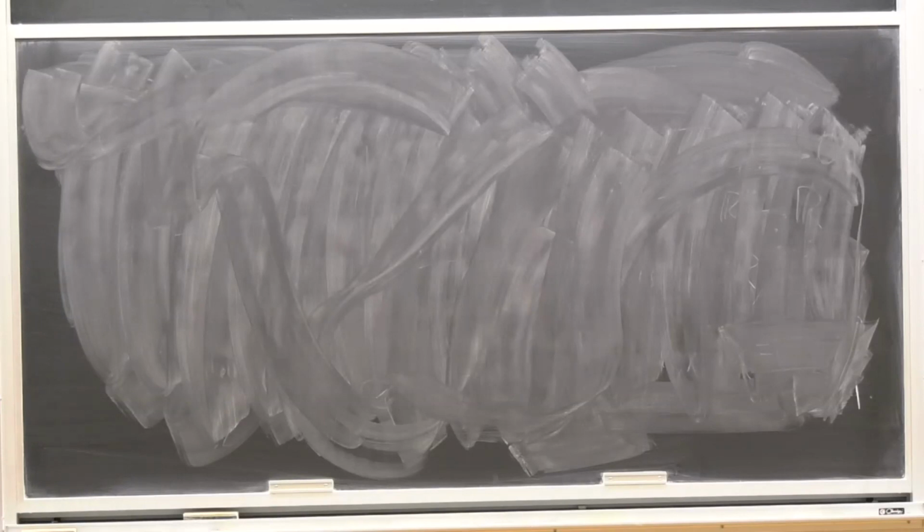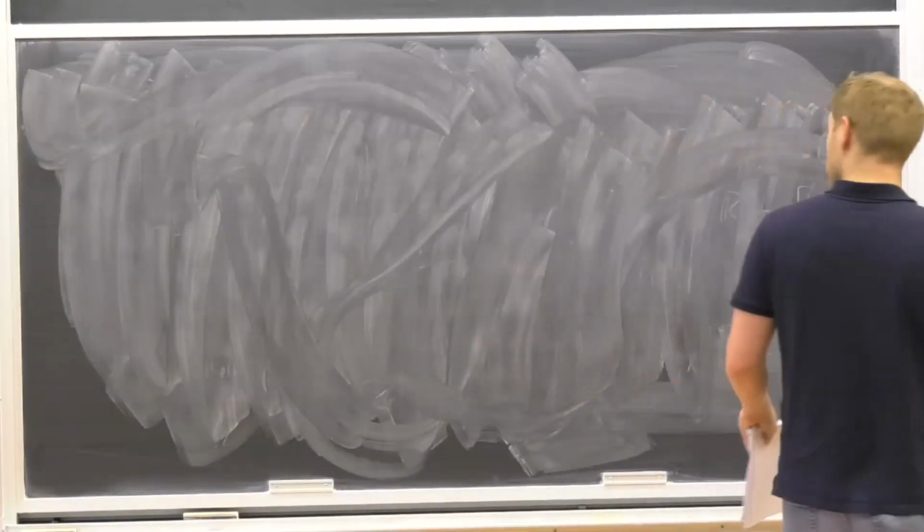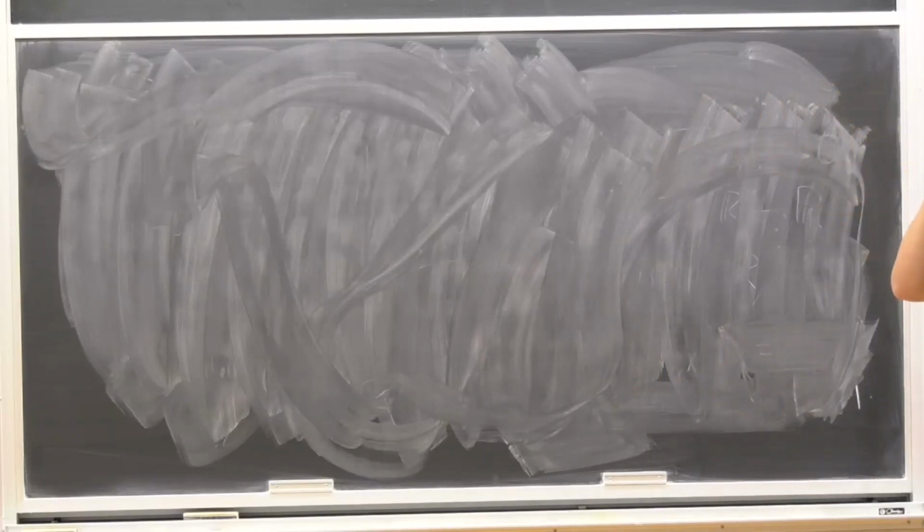But the first thing you have to introduce, because once you start going to high dimensions, and this might not be surprising for model theorists, is that you need some kind of uniformity.